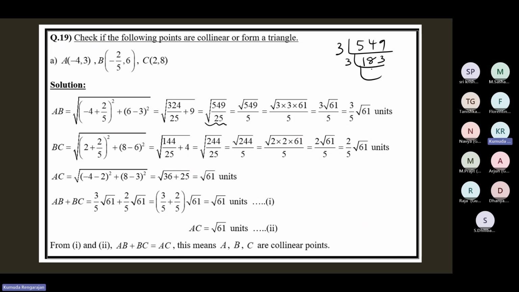Again by 3, 3 6s are 18, 3 ones are 3. And 61 is a prime number. So 549 can be written as 3 into 3 into 61. Now from 2 3s, 1 3 comes out of the square root. So 3 root 61 by 5 or 3 by 5 root 61.